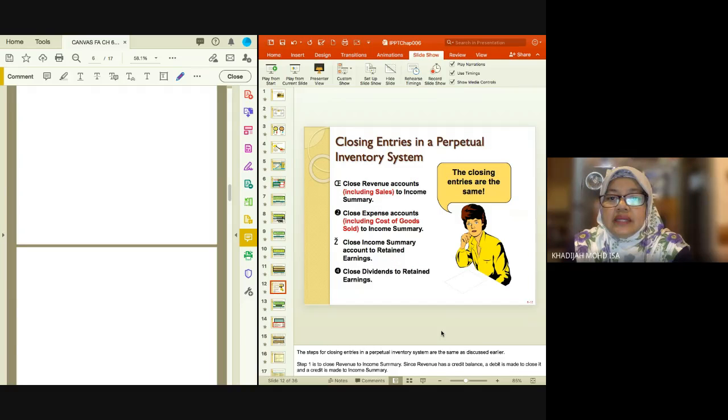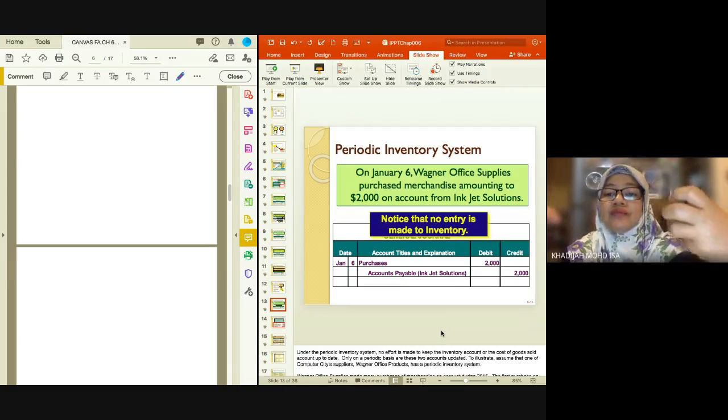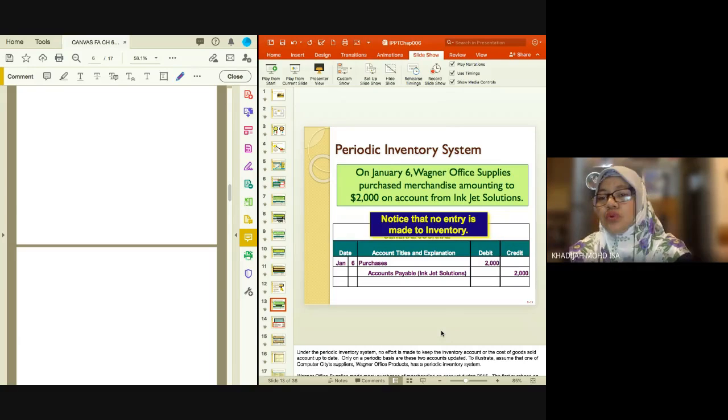The next one is, okay, closing is okay. Now we go into the periodic. I mentioned earlier in the slide that the periodic inventory system is for a small company. You only have one owner, or maybe one or two staff.